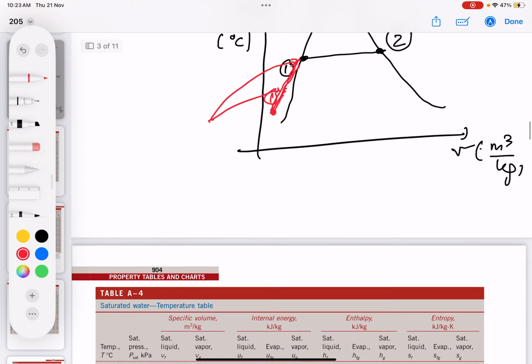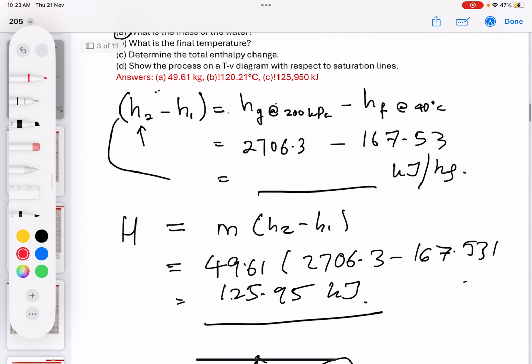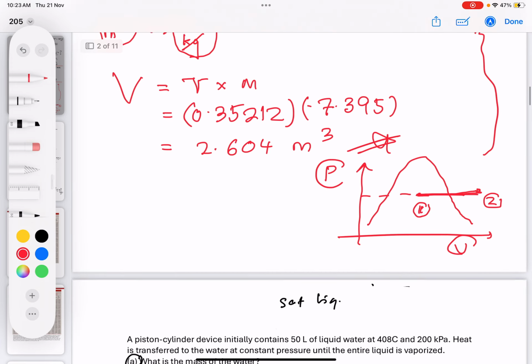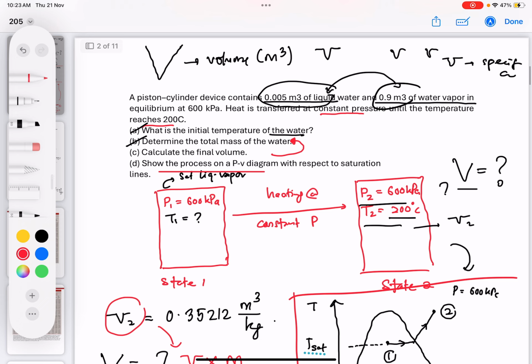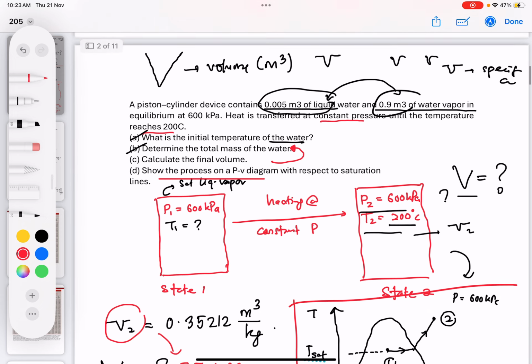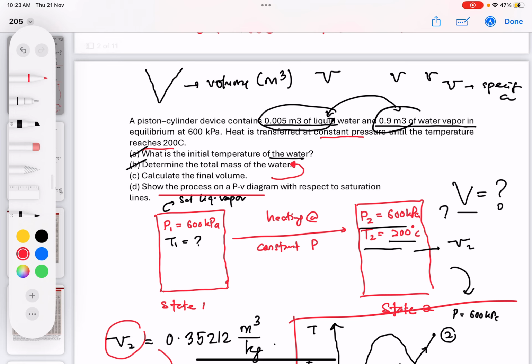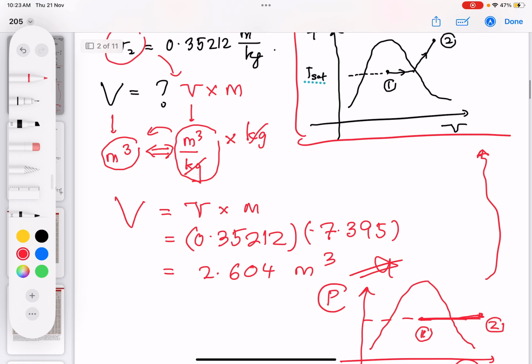I hope that the question we discussed here will help you have a better understanding of how to apply the steam table. You will notice there are a lot of different scenarios.